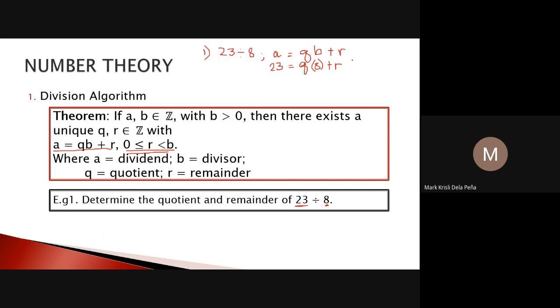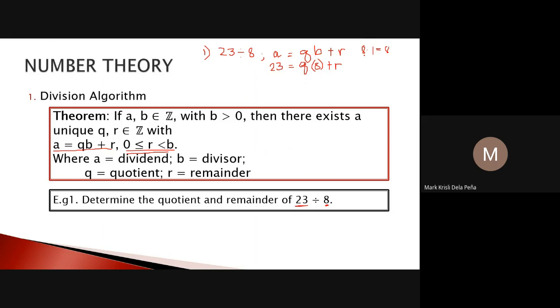How would we solve this? How would we find the quotient and the remainder? We will start with the quotient. What do we multiply to 8 so that it would result in a number equal to or less than 23? Now let's try multiples of 8. The multiples of 8 are 8 times 1, which is equal to 8.